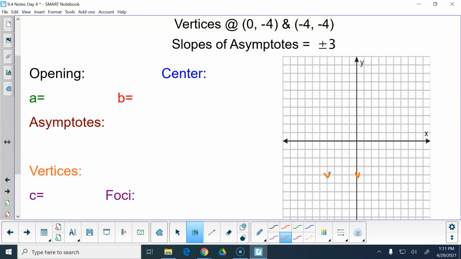That's going to be very important for us to figure out which formula we have to use. Yeah, left and right. Because the vertices are aligned horizontally, it's going to open left and right. If they were aligned vertically, it would open up and down. Right, correct. So it's going to open left and right.